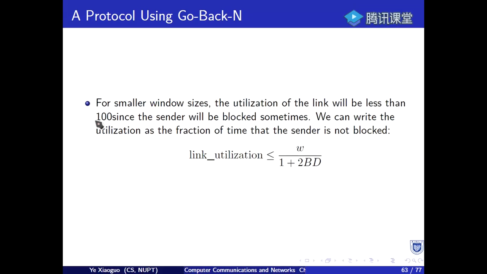So for small window sizes, the utilization of the link can be less than 100%, since the sender will be blocked sometimes. We can write the utilization as the fraction of time that the sender is not blocked.